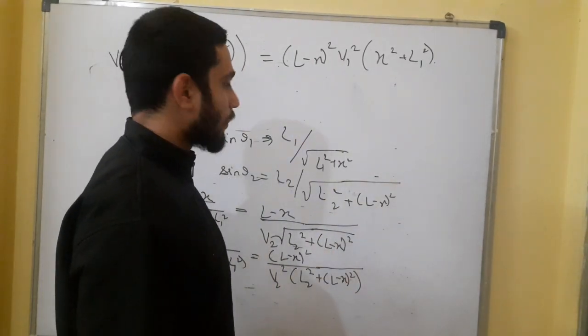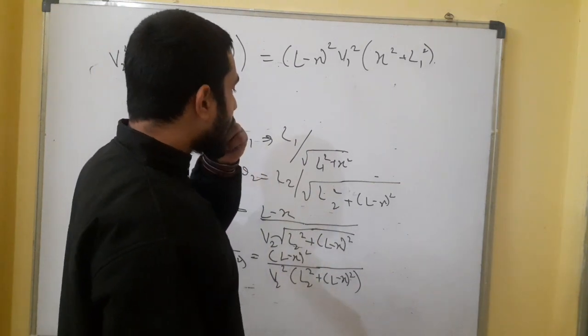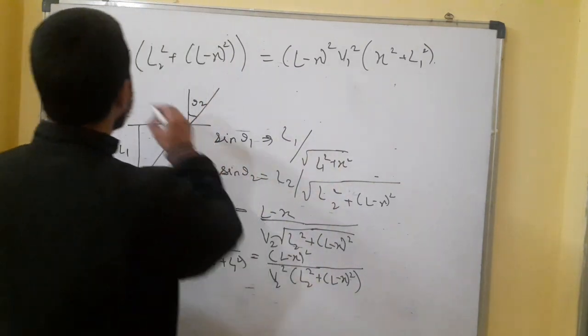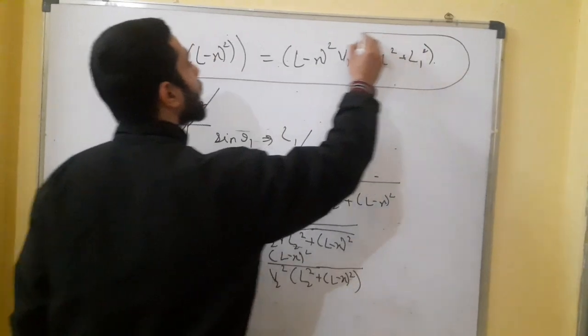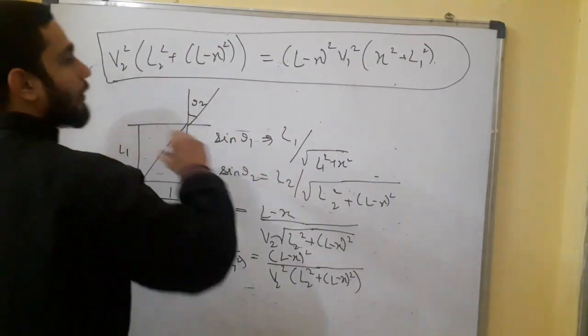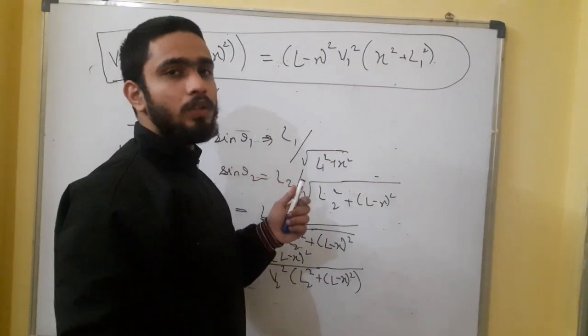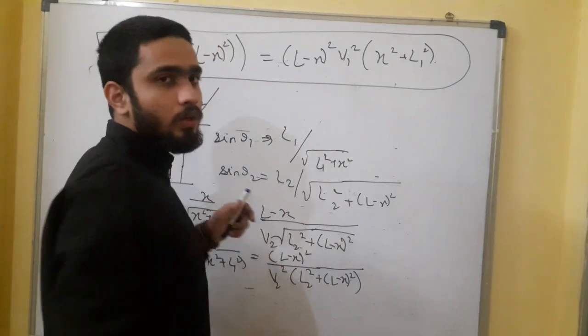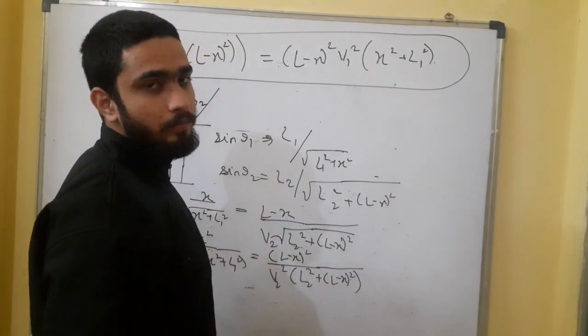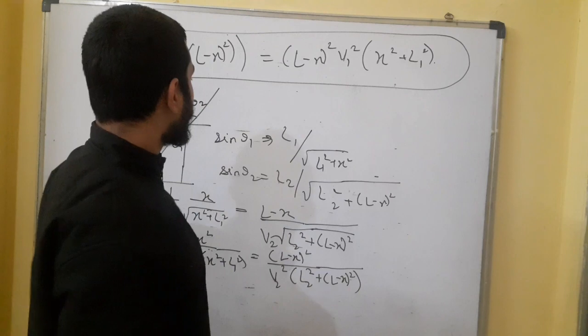Okay, so like this we are getting the relation, and if we try to solve it, we have to include the angles, like sin theta, cos theta, then it will be simplified, else it will not be simplified.